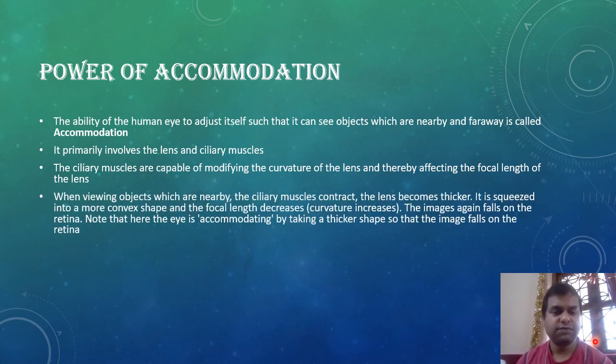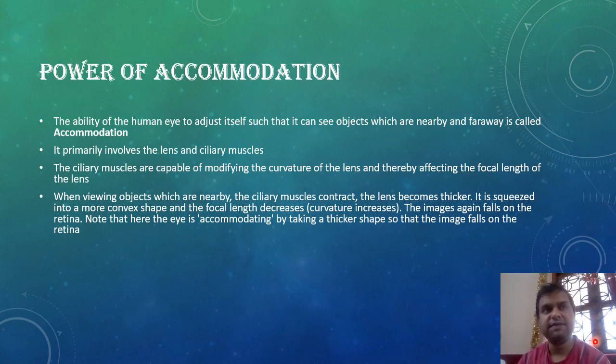Now, when viewing images that are nearby, ciliary muscles contract, as you would have expected. The lens becomes thicker. It is squeezed into a more convex shape, and the focal length decreases or the curvature increases. The images again fall on the retina. Here the eye is accommodated by taking a thicker shape so that the image falls on the retina.